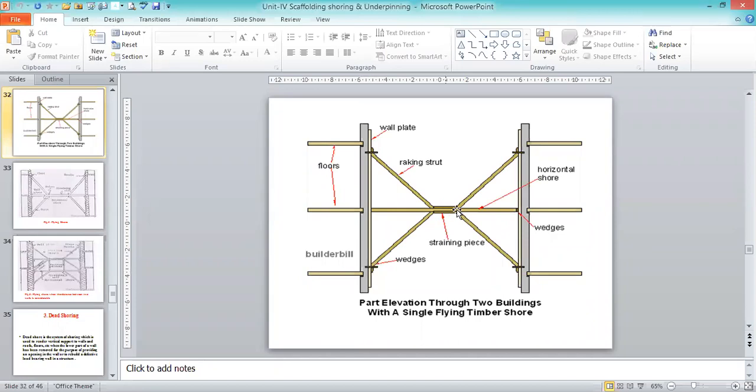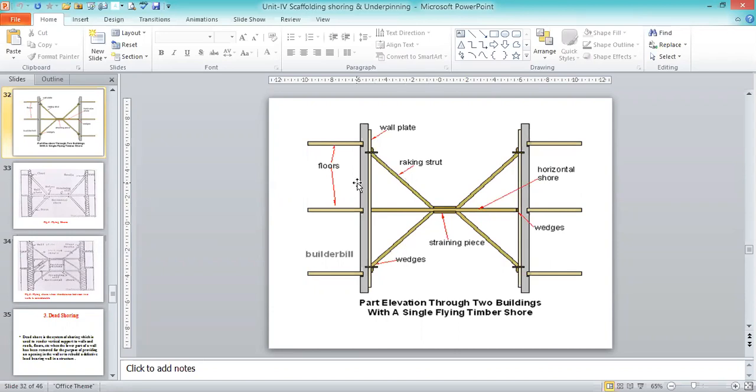This is the straining piece. This horizontal member is called the horizontal shore. Racking strut, wall plate, horizontal shore. Wedges are provided. Then the intermediate structure is safe, and whatever repairing work has to be done, we can carry it out. So this is called the flying shore.